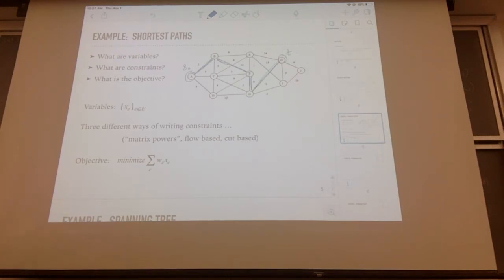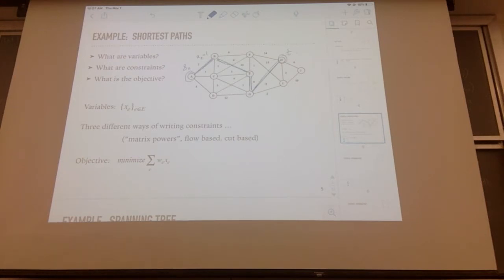So I would like to have a solution that sets xe equals 1 for the blue edges that I have drawn, and xe equals 0 for the others. And somehow I want to enforce constraints that say that among the xe's that were set to 1, there is actually a path from S to T.